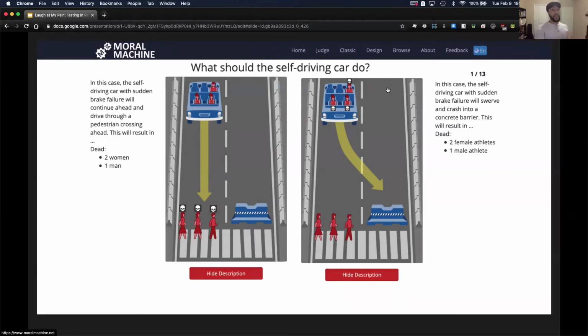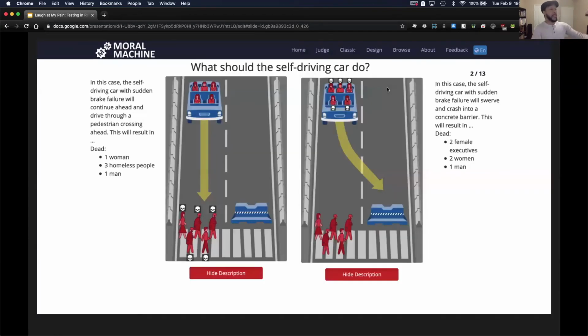On the other side, you have two female athletes and one male athlete. You go through each of these, voting on what you think should happen. Like the next example, this one has one woman, three homeless people, and one man, versus the other side, which would be two female executives, two women, and a man that would die.